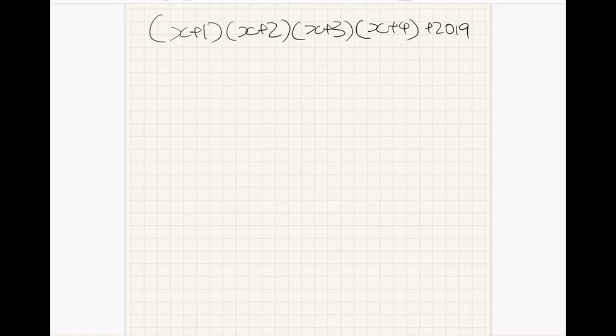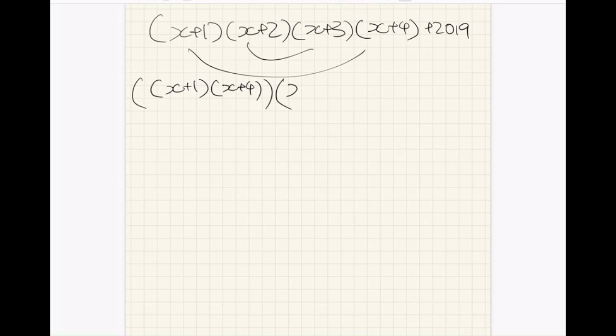So first, because we have a quartic equation, which is very hard to manipulate, we can group this in this format. If we group it like this, we have (x+1)(x+4), multiplied by (x+2)(x+3). I'm going to put this in brackets so it's clearer, and then plus 2019.